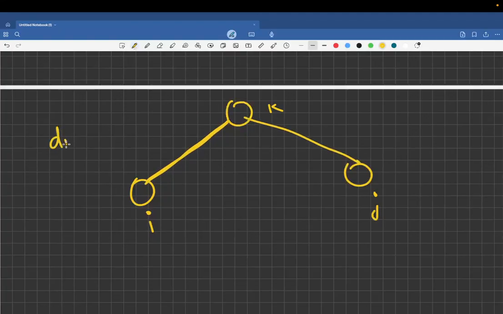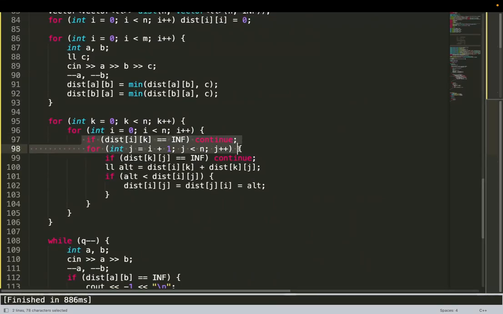So if distance of i to k is infinite, this means you haven't updated this distance yet. This means there is no path from i to k. In that case, you are simply continuing. Then going over all the j's.